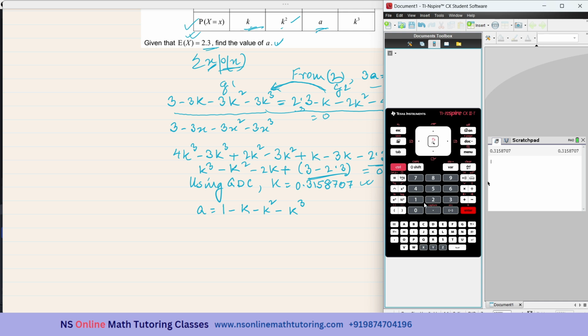And now I will be finding the expression value. 1 minus k. So it is answer minus k square, so answer square, and then minus answer to the power of 3.